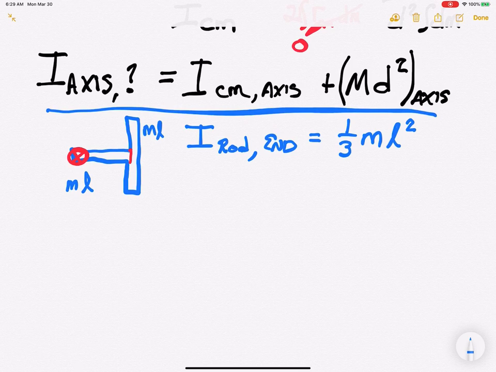Using the parallel axis theorem then says, take this T-shaped object and, well, it's not even a parallel axis theorem, it's actually just the definition of moment of inertia, summing up all the r squareds with the dm's.